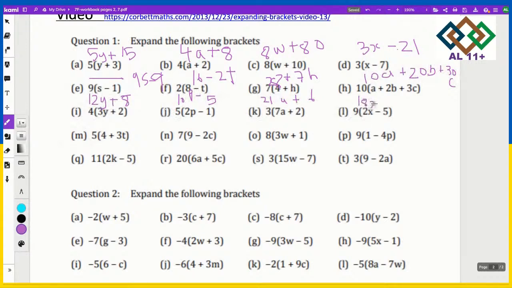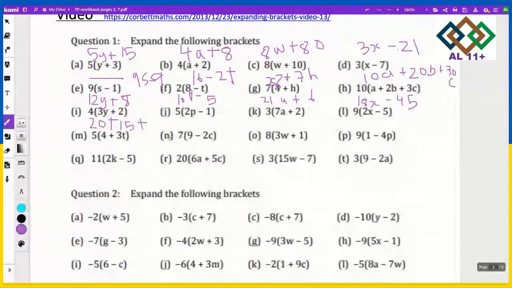that is 18X minus 45. Then you have M, that is 20 plus 15T.